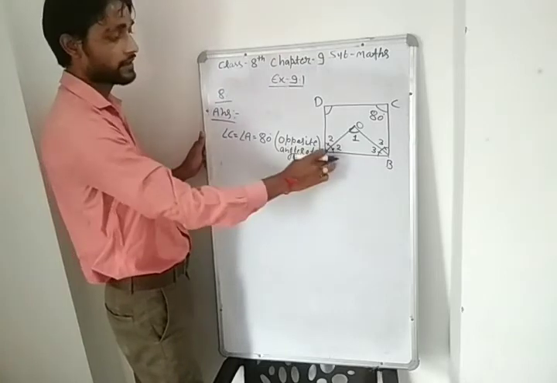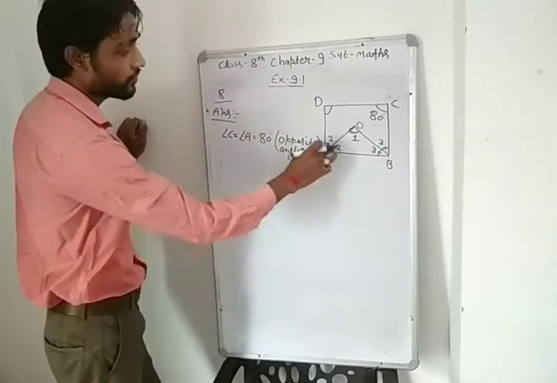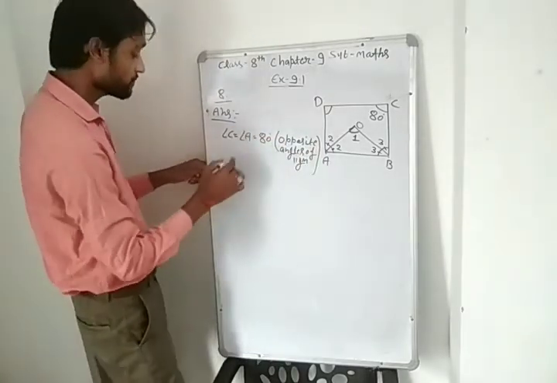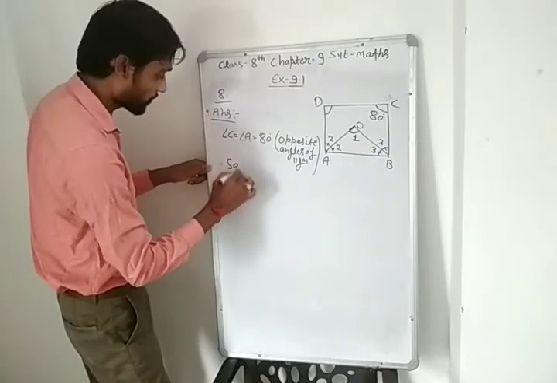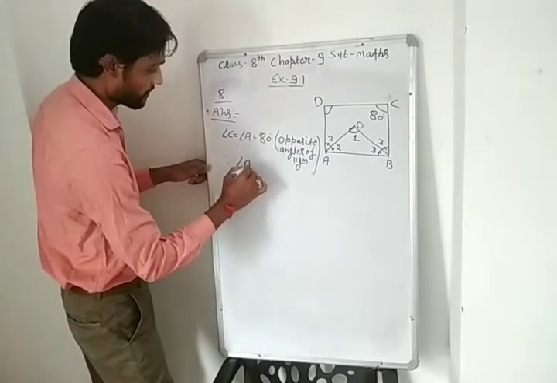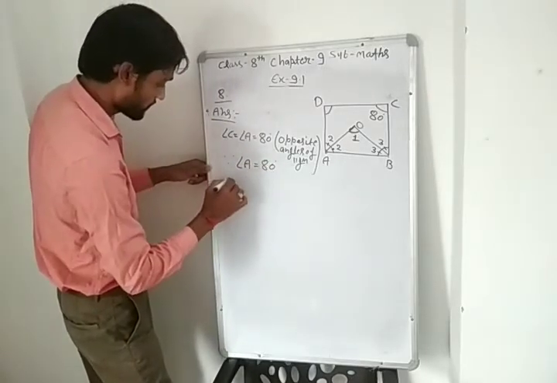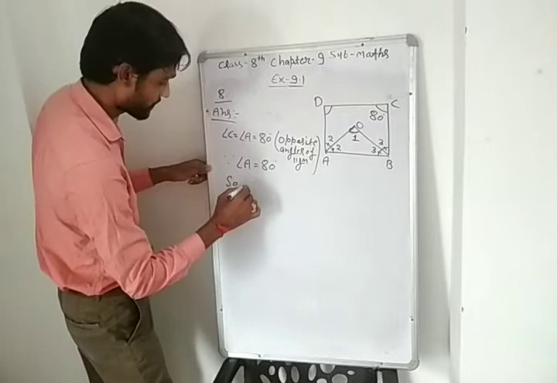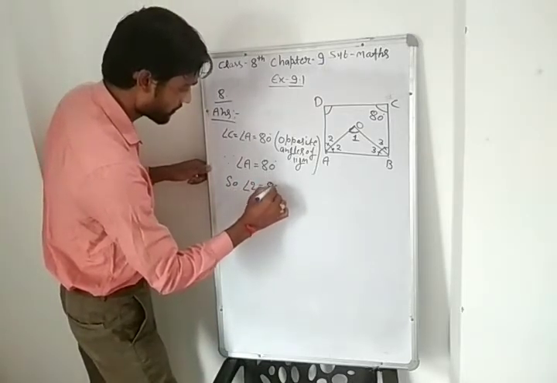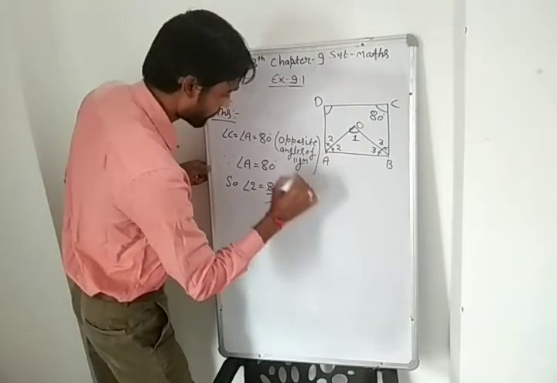It means angle A is equal to 80 degrees. So what will be the angle 2? So angle A is equal to 80 degrees, so angle 2 is equal to 80 divided by 2, that is equal to 40 degrees.